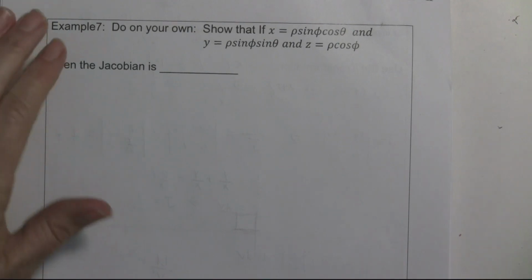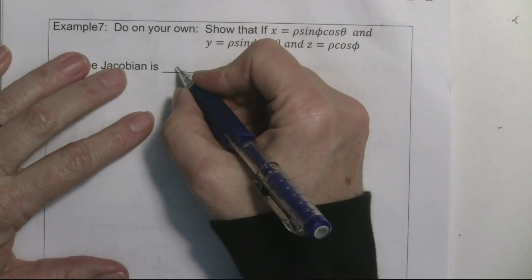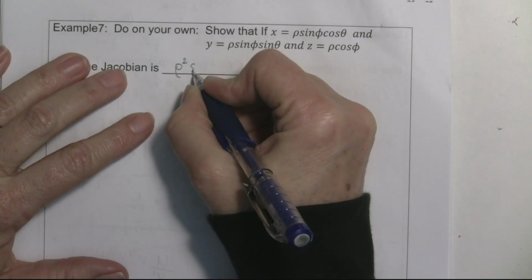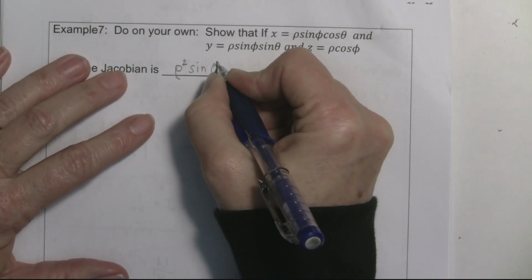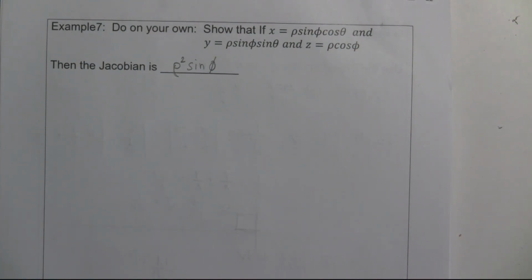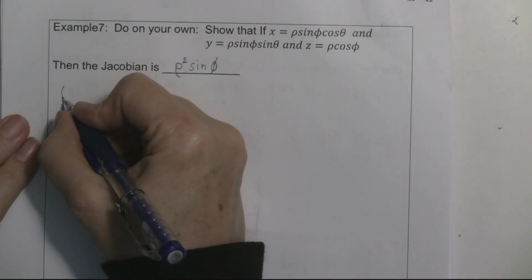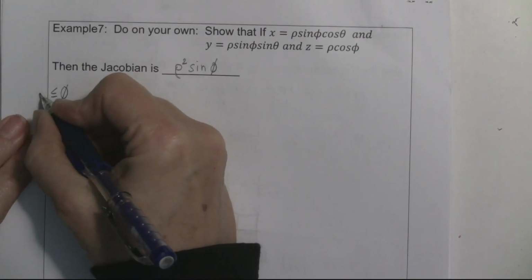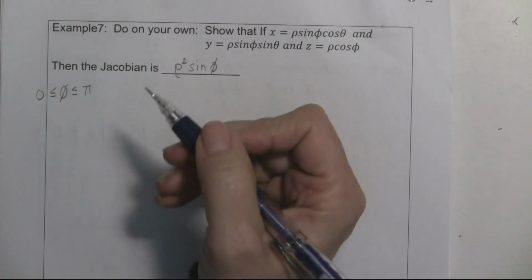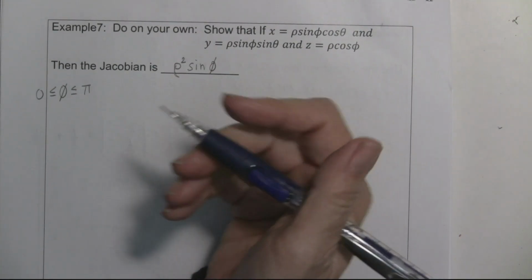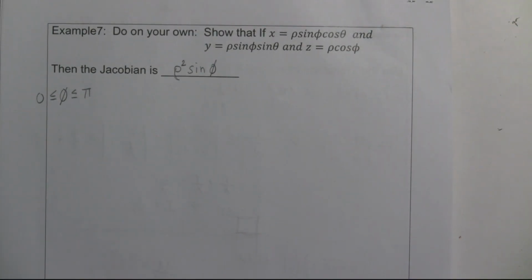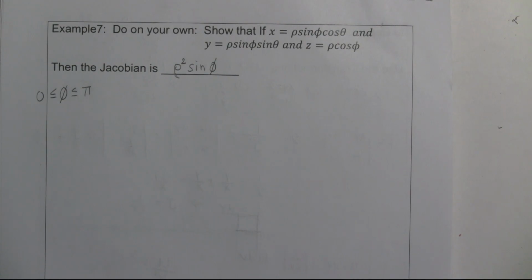And what are we expecting to get? Do you remember what the Jacobian was on this? It was rho squared sine phi. And if you're wondering, well, we didn't put absolute value around that. Phi had to go between 0 and pi. Rho had to be positive, and then when you square it, it is always a positive value.